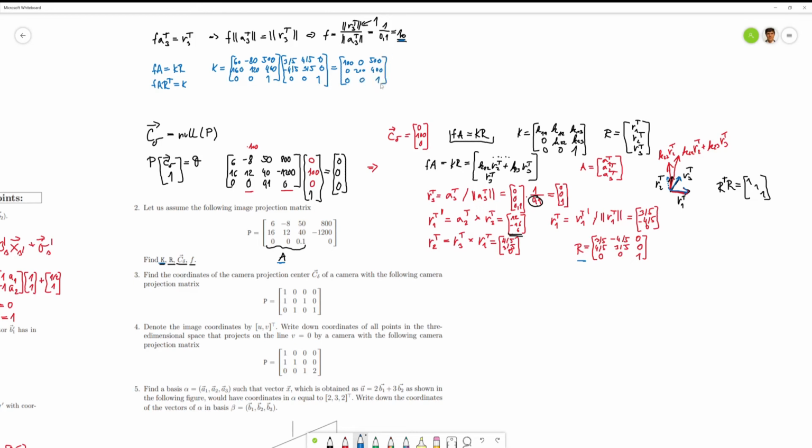That's it, we have a calibration matrix, rotation matrix, camera center and focal length for our projection matrix B.